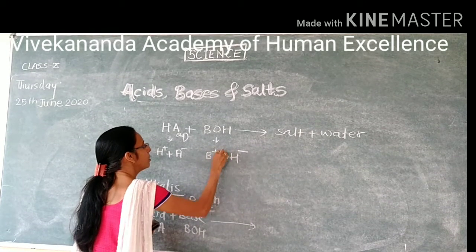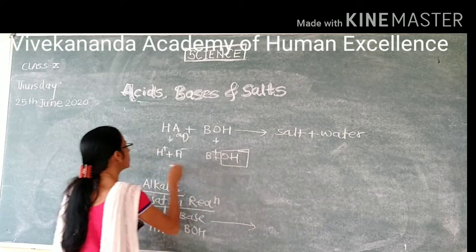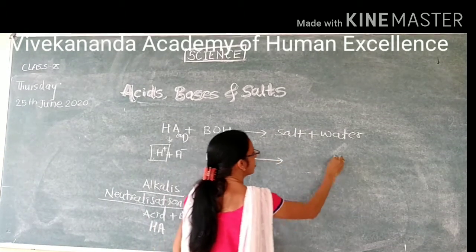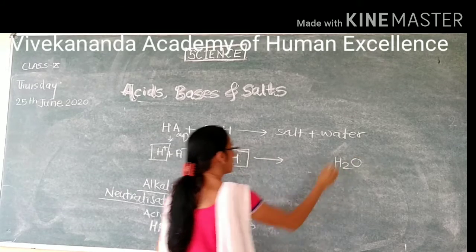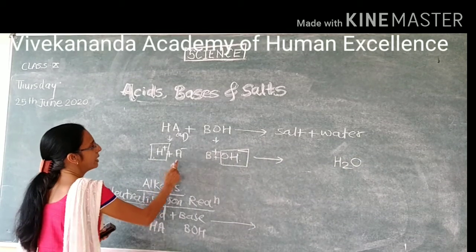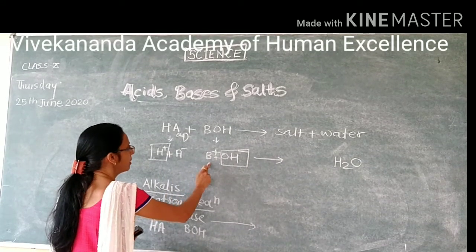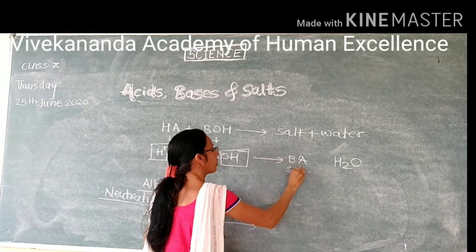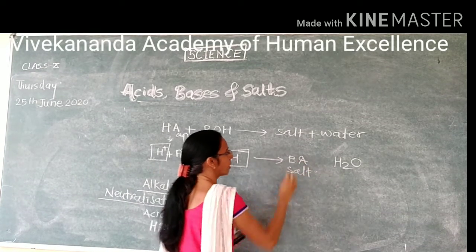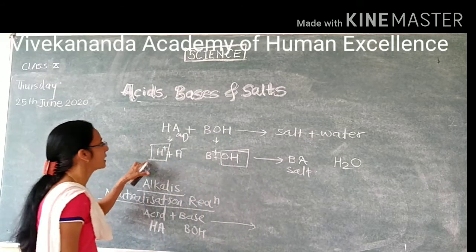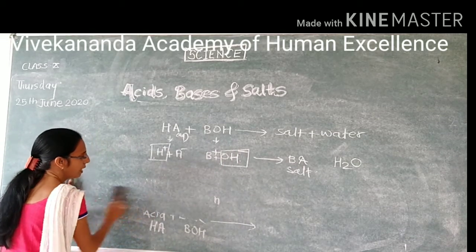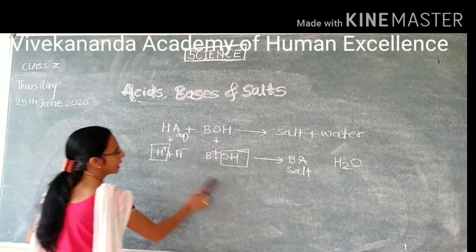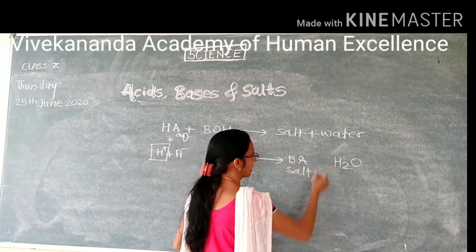So this OH minus from the base and H plus from the acid get converted into water, and salt is formed. Here A minus and B plus, that is BA, is the salt. It is the general formula for the salt. In this way, neutralization is nothing but when acid and base react with each other, they give salt and water.